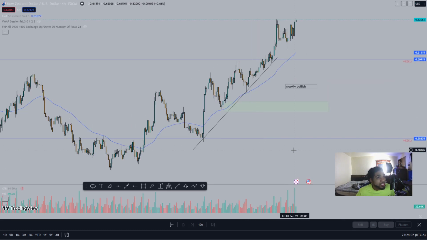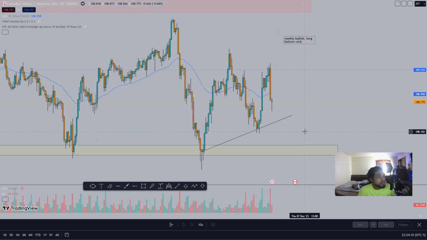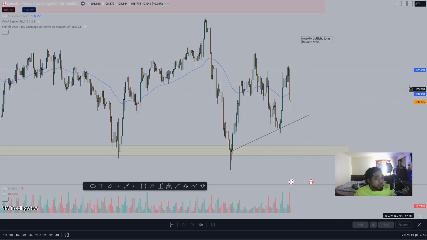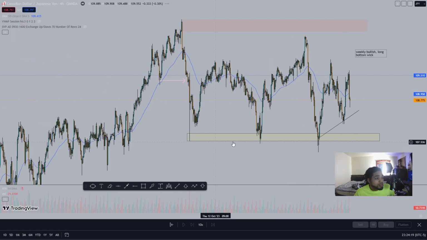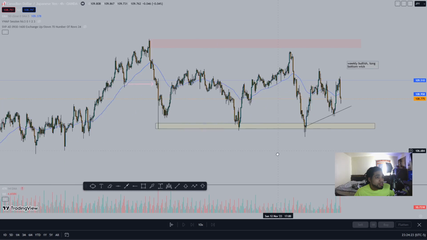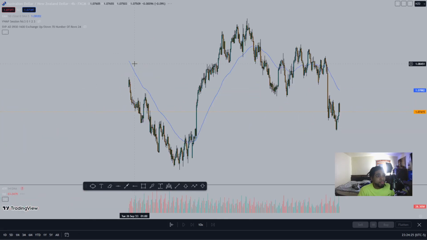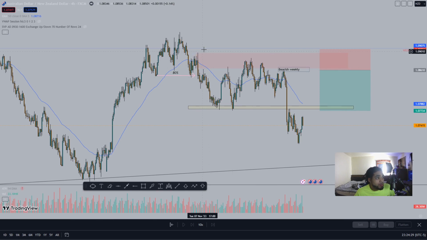New Zealand US dollar. I could have swore we just looked at this. Canadian dollar. JPY, Japanese yen. This one looks like it's ranging. This one would have hit. Got that OB that broke structure.